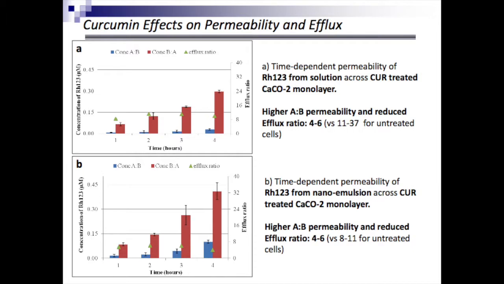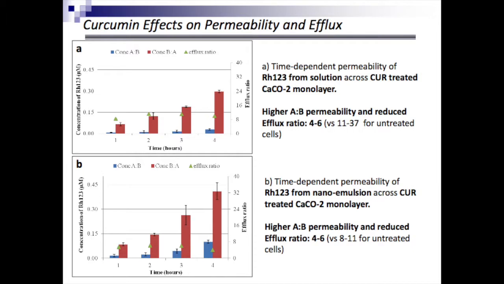Here again, we believe that the nanoemulsion helps get the entire droplet across the cell, but there may also be some free rhodamine 123 released from the nanoemulsion. With the efflux transporters inhibited, you see an overall cumulative enhancement in permeability across the KCO2 cell layer, which is a mimetic of the blood-brain barrier.